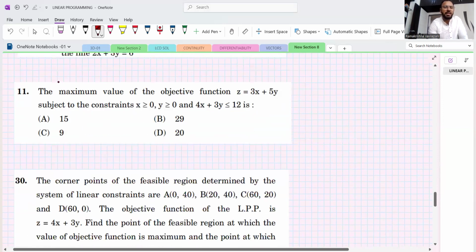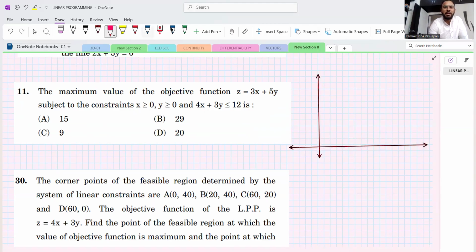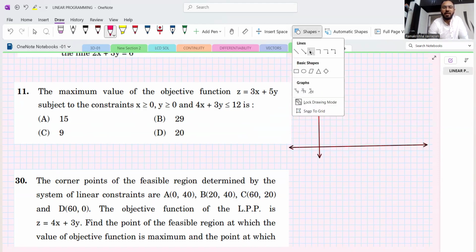Here you see that the maximum value of this objective function subject to these constraints, right? In first quadrant, and there is only one line. So how many points you will get now? You will get only 3 points, isn't it? Well, so I'll just draw the lines.